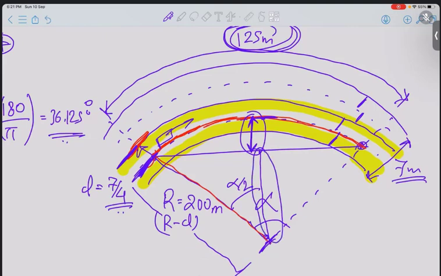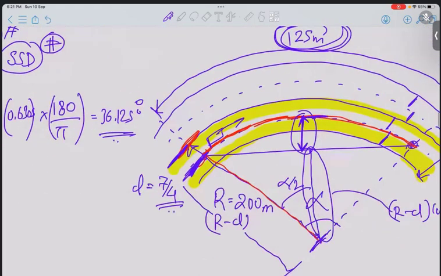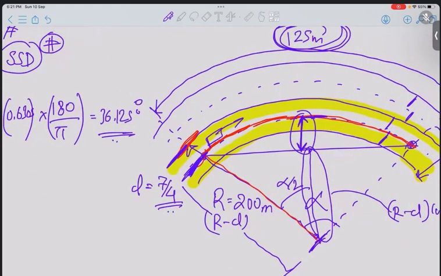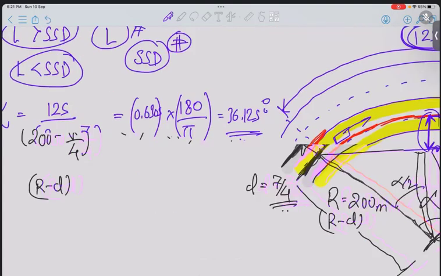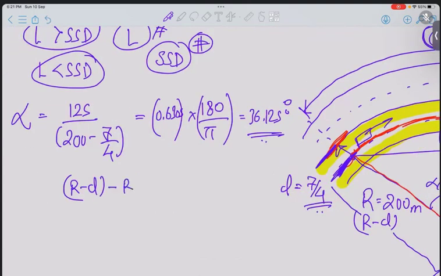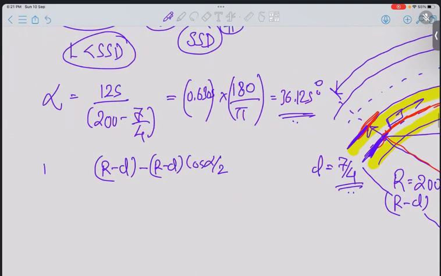This length is going to be (r minus d) cos alpha by 2. So the setback distance is (r minus d) minus (r minus d) cos alpha by 2. This is our setback distance, and often we call it m.